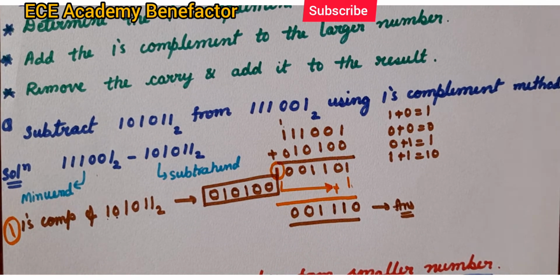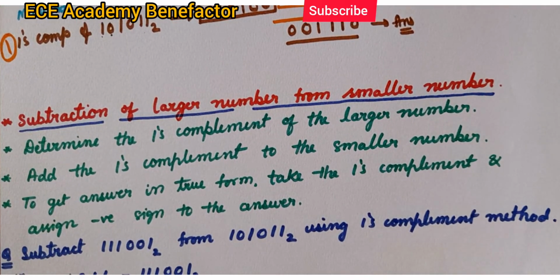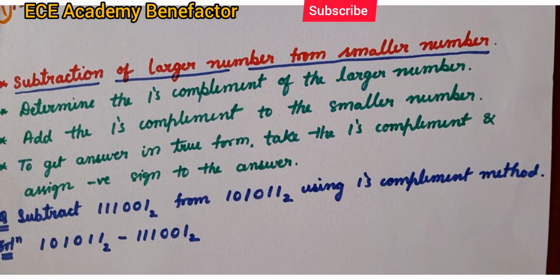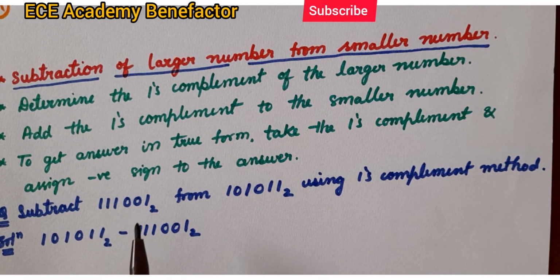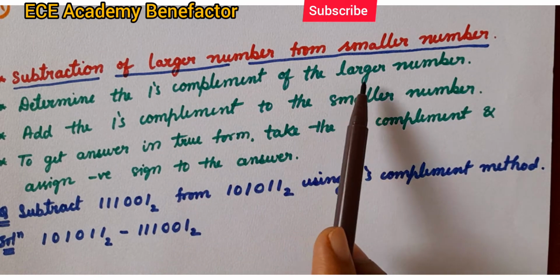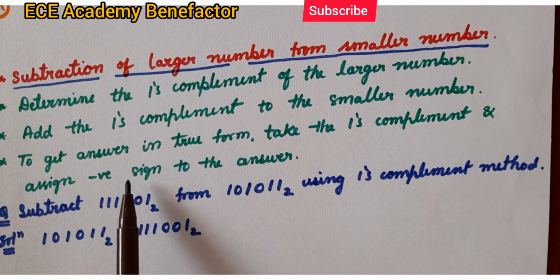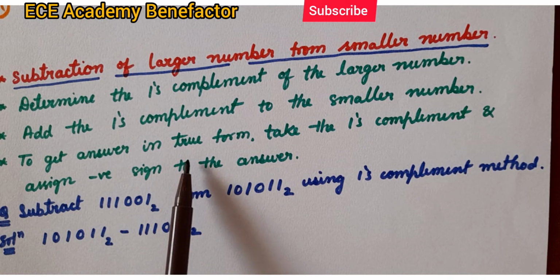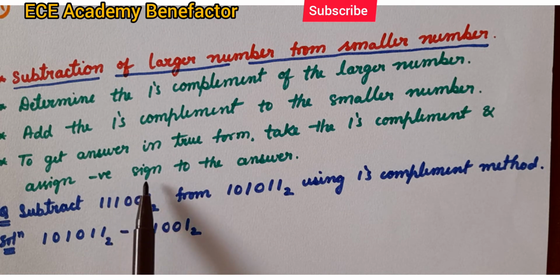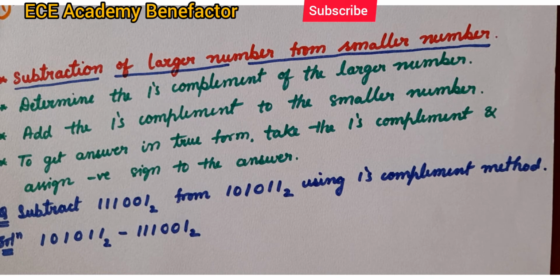Now, let us see the next condition, subtraction of a larger number from a smaller number. Here, we have to determine the ones complement of the larger number and add the ones complement to the smaller number. Third step, to get the answer in true form, take the ones complement and assign a minus or negative sign to the answer. Let us solve a problem.